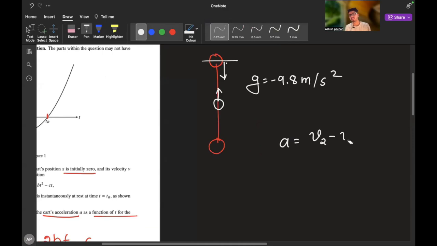A rate of change of velocity means final velocity, initial velocity, and the time taken.